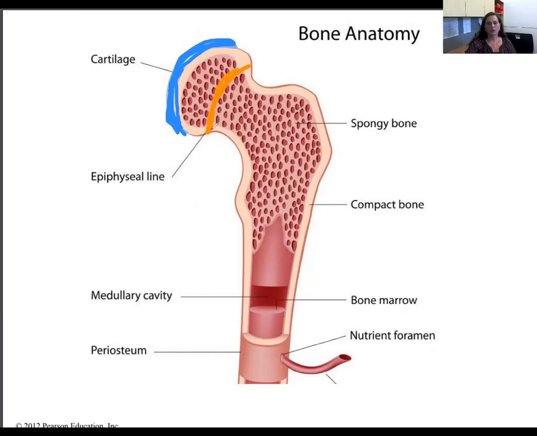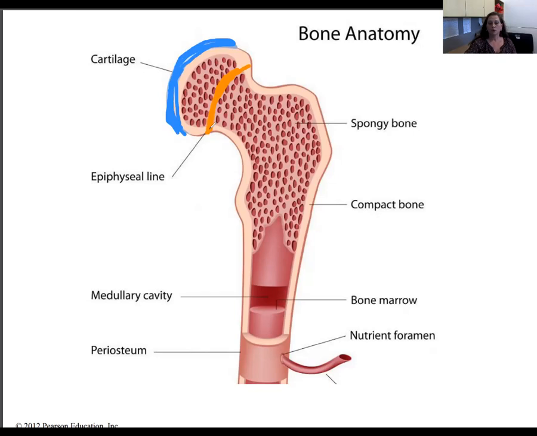Before puberty, this epiphyseal line is made up of cartilage that allows for those bones to grow in length as you get older. But after puberty, that band of cartilage is going to be replaced by bone. Once it's replaced by bone, it is called an epiphyseal plate.